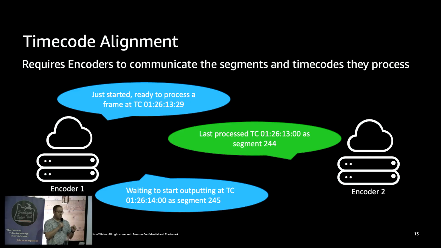So it communicates with that encoder, and that encoder basically says, the last segment I was processing had this timecode at the start, and it had this segment number. Our first encoder, who's just starting up, looks at that and goes, all right, I'm in the middle of a segment. I can't start right now. I have to wait a little bit so that I can actually land on the edge of a segment, and then I'm processing at the same rate with the same segment number and the timecode that was processed in my partner's segment.